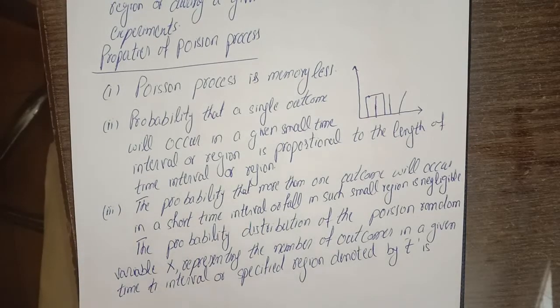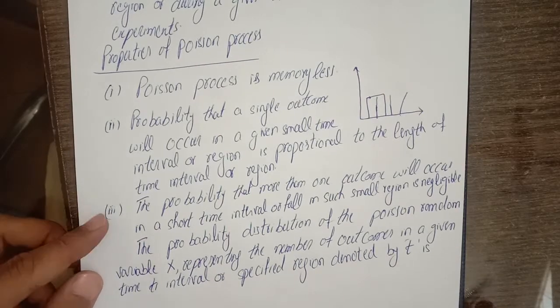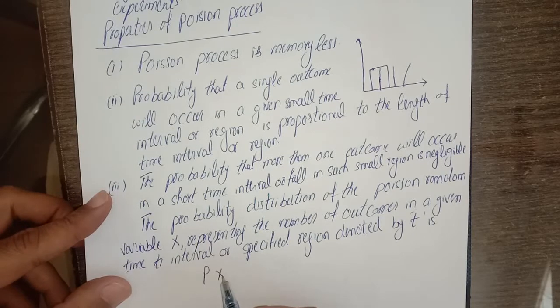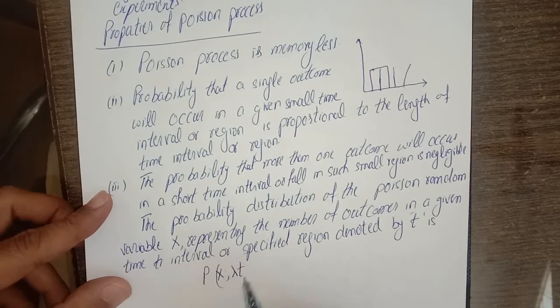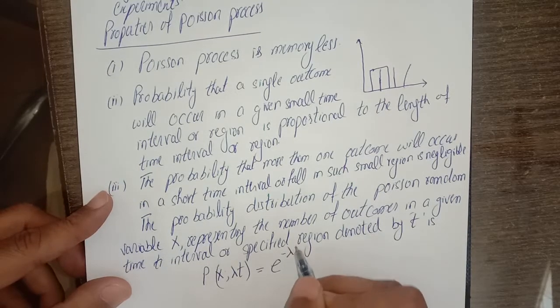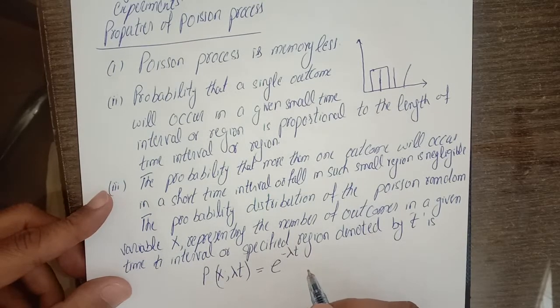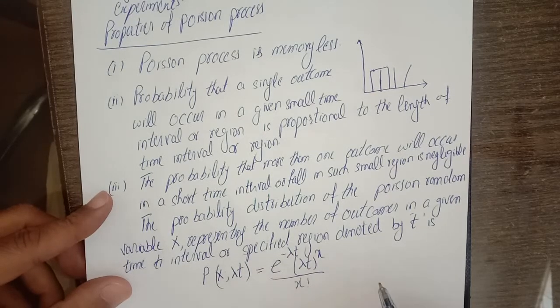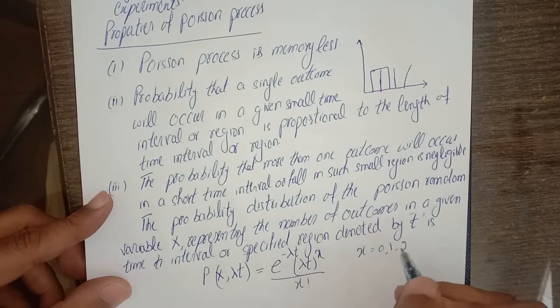You should not confuse this T only with time. It could be time, length, area, or volume. In this case, the probability of the random variable X with parameter lambda t is e raised to the power minus lambda t, lambda t raised to the power x, over x factorial, where x could be 0, 1, 2, and so on.